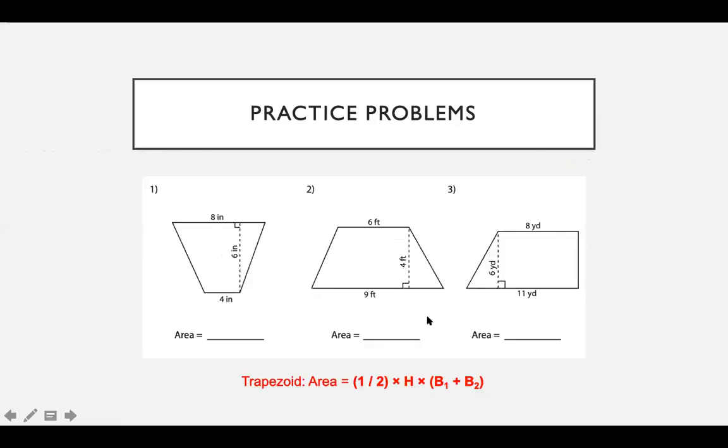Now, to find the area of these trapezoids, we're going to use the formula that we were given before, 1/2 times height times b1 plus b2. So here we can assign b1, b2 randomly, and then b1, b2 once again randomly.